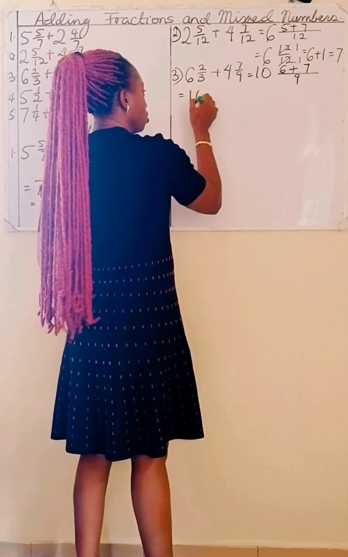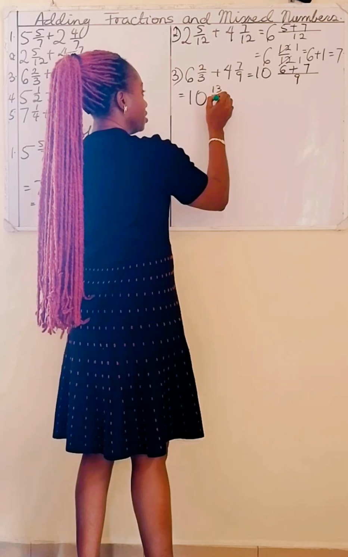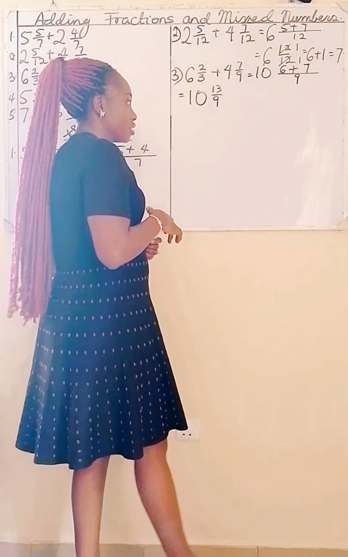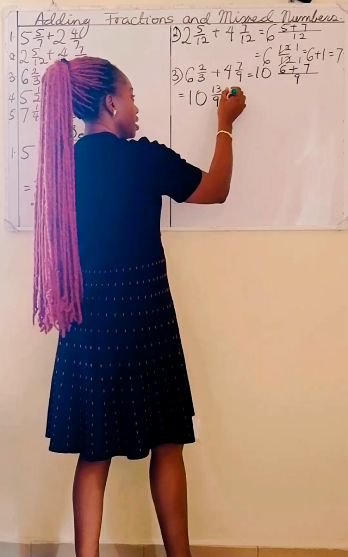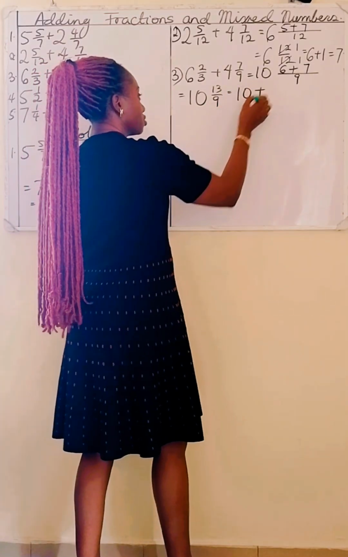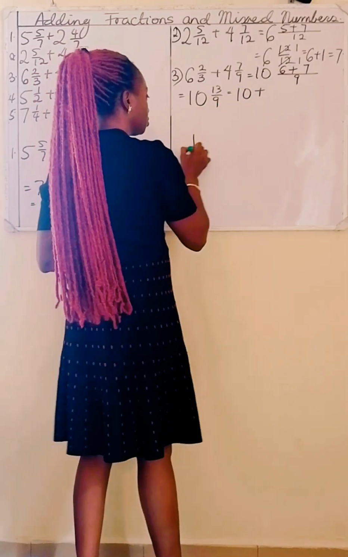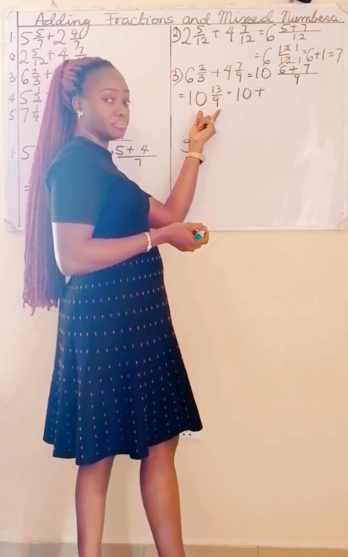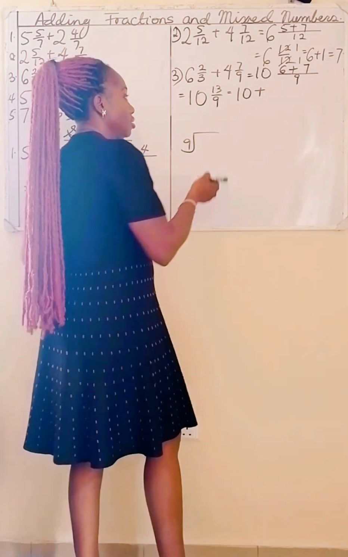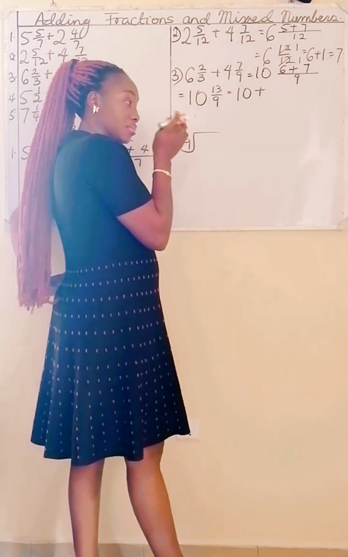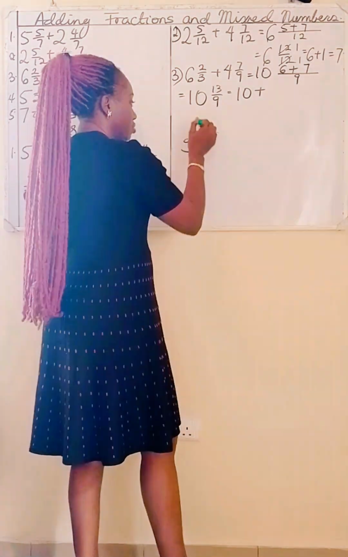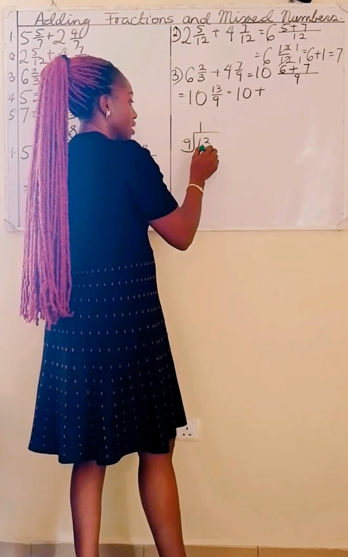So we have 10 wholes 13/9. Wow, another improper mixed fraction. So we're going to divide this, for the sake of those that don't know how to convert this improper fraction to a mixed fraction. 9 in 13 will go once. 1 times 9 is 9.